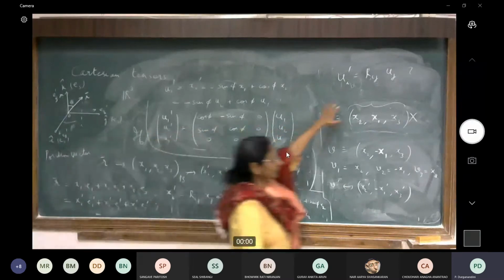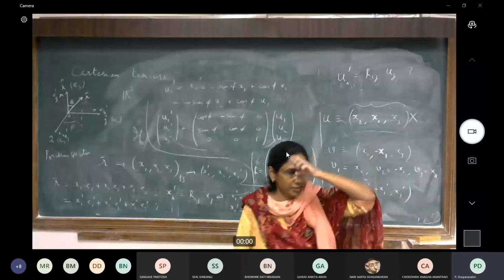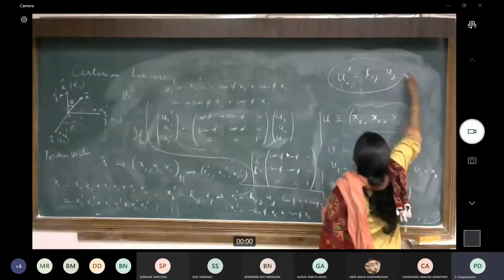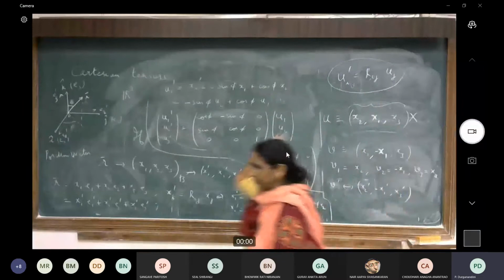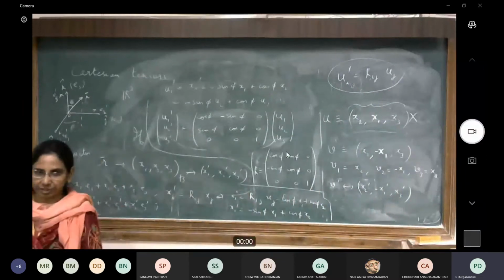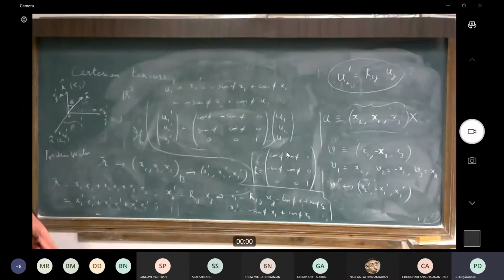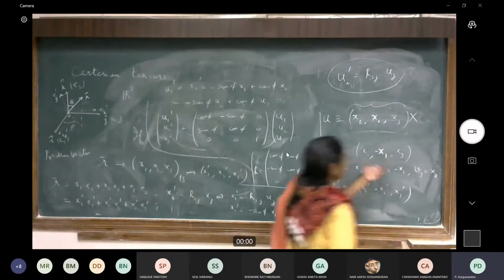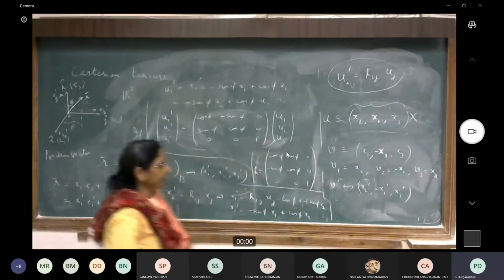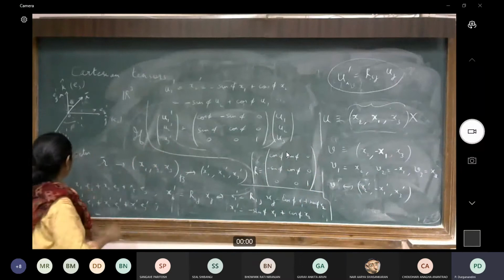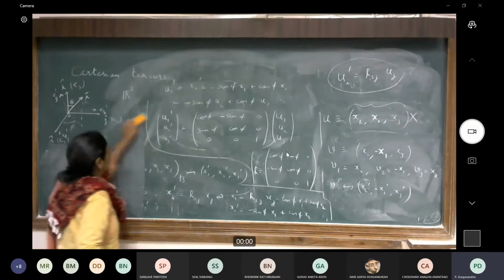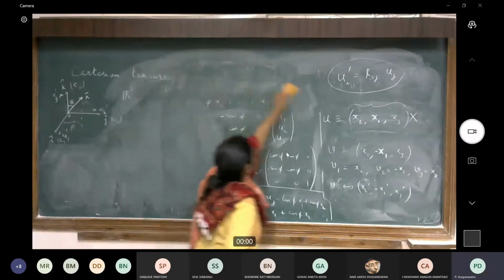In other words, this transformation law is very specific. It's not that any set of three quantities can satisfy that kind of transformation law. So it's kind of restrictive. Only certain sets of quantities can behave like a vector or will transform like a rank 1 Cartesian vector.